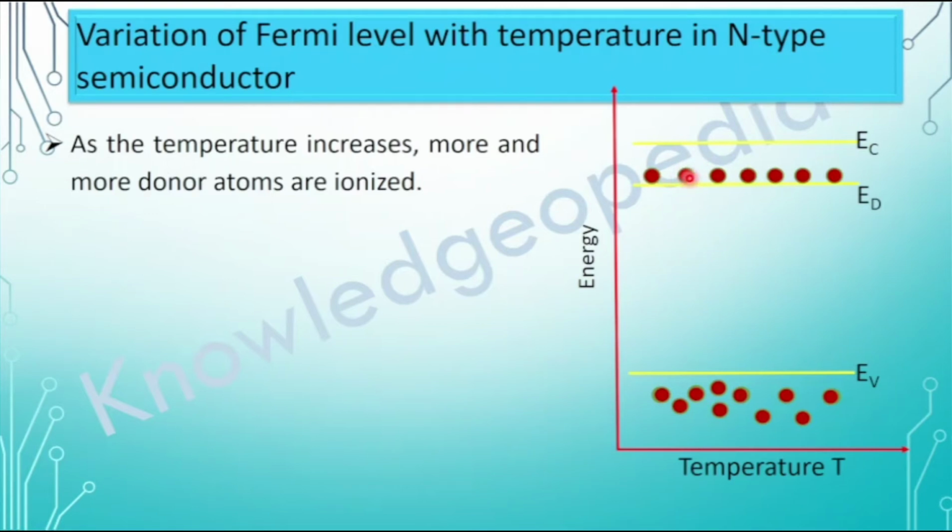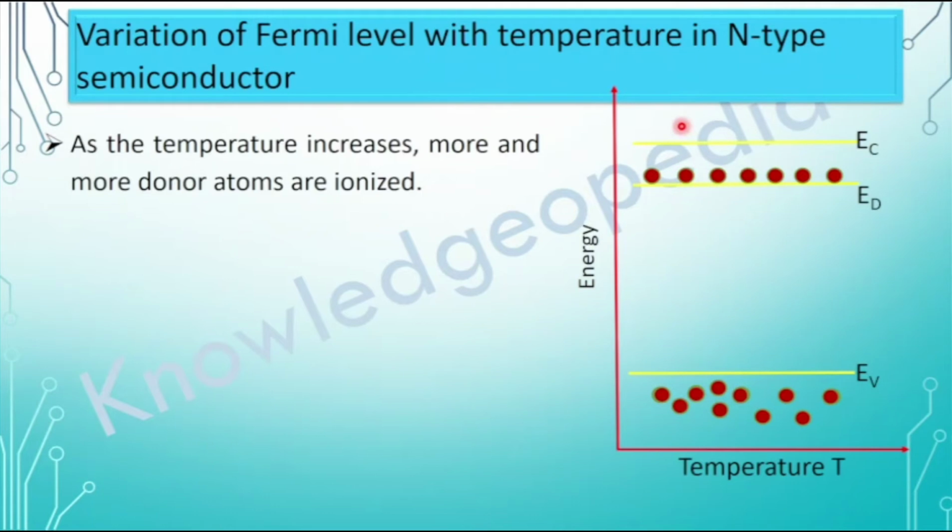They are loosely bound to the semiconductor and need this much energy, that is the gap between EC and ED. This energy is much smaller compared to our forbidden energy gap, that is the difference between EC and EV. These electrons lying at the energy level ED need this much energy to move to the conduction band.